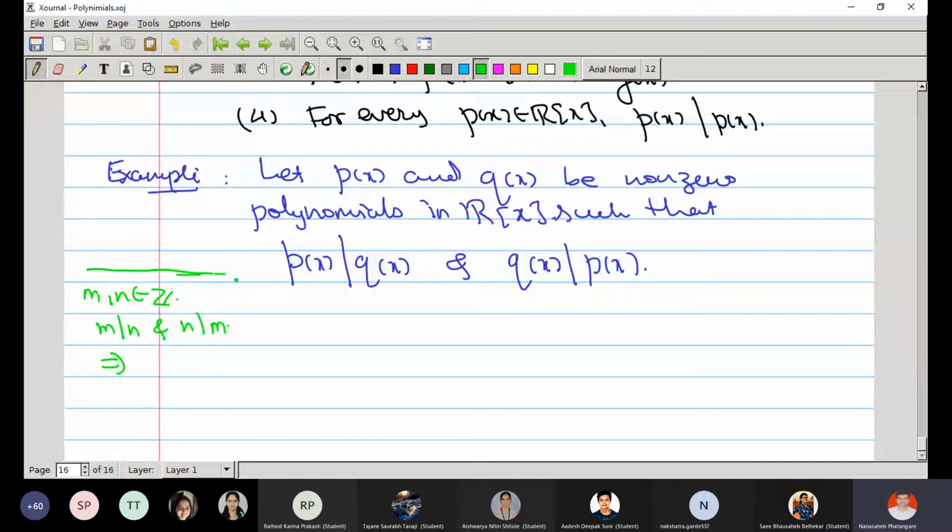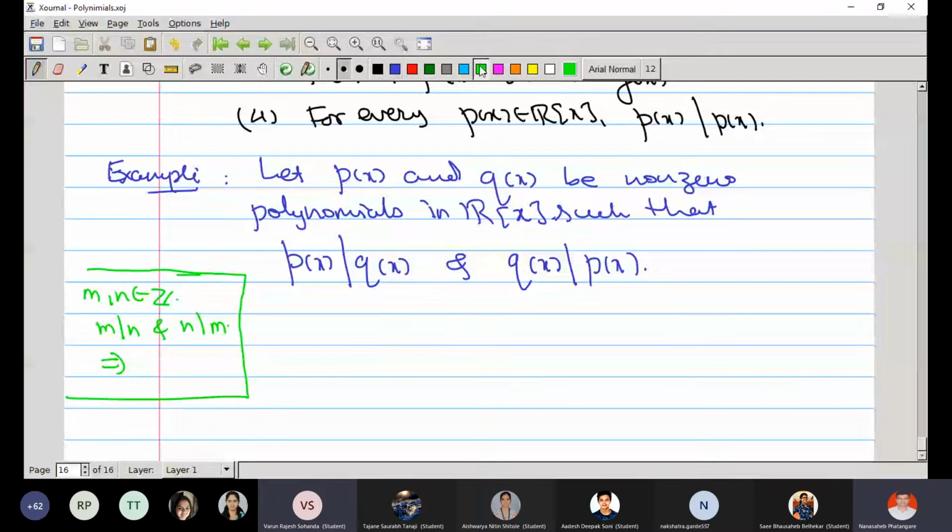If these two integers divide each other, then what can you say about such integers? They are equal. Not necessarily equal.